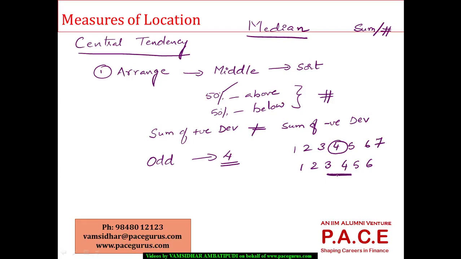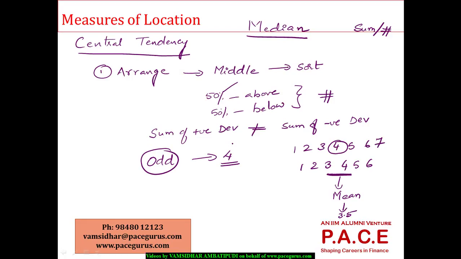So I can't have one single middle. So I take the 2 middle numbers and take the mean of them, which means 3.5 in this case. So if the total number of observations is odd, I'll have one single middle and I'll just say that is the median. Otherwise, if I have an even number of observations, then I'll have two middles. I'll take the arithmetic mean of the two middles and use that as the median.